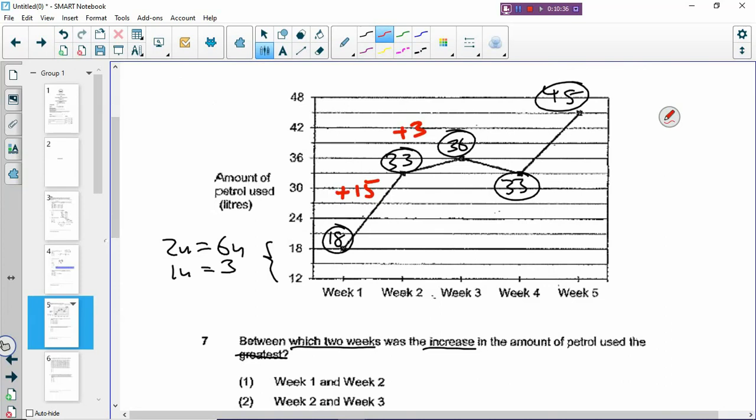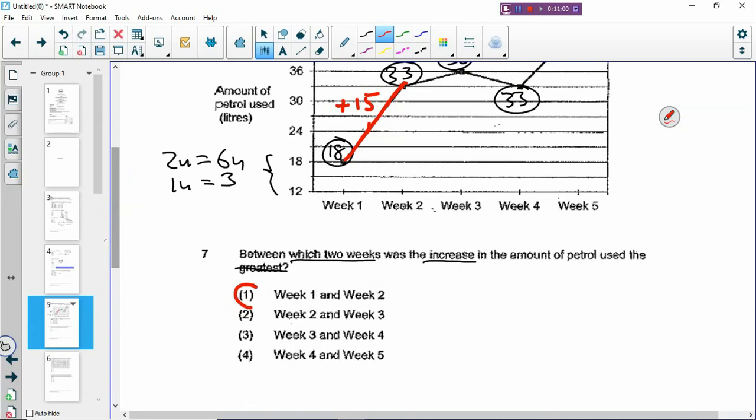Then week 3 to week 4, there's a decrease, so we don't want to look at that. And then from week 4 to week 5, there is an increase of 12 liters. Then you compare which is the greatest increase. The greatest increase must be week 1 to week 2, because the increase is the biggest, which is 15. So the answer will be number 1, week 1 and week 2.